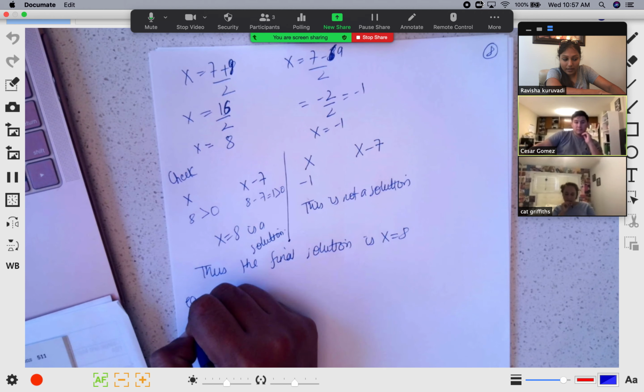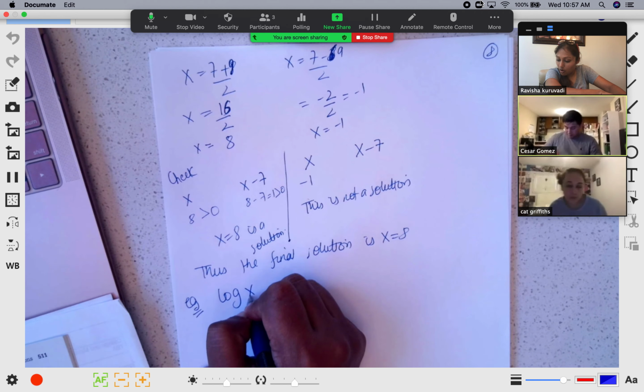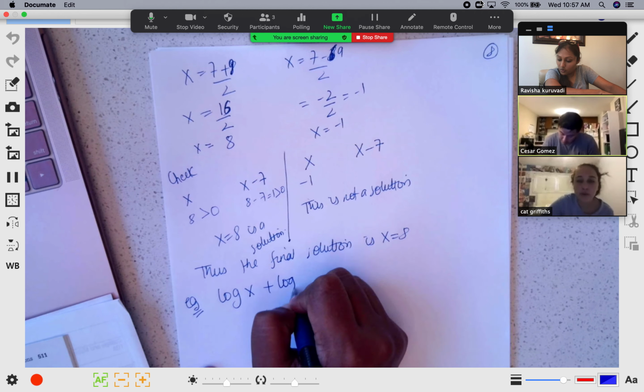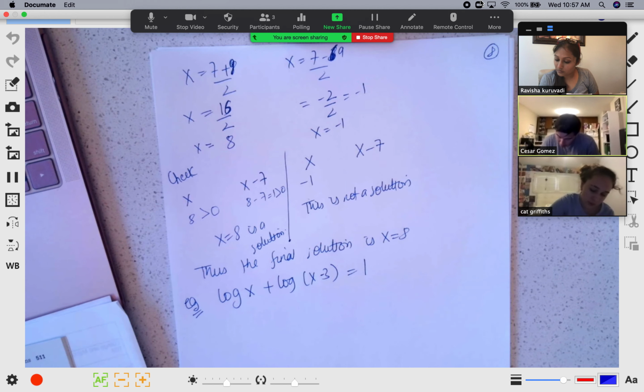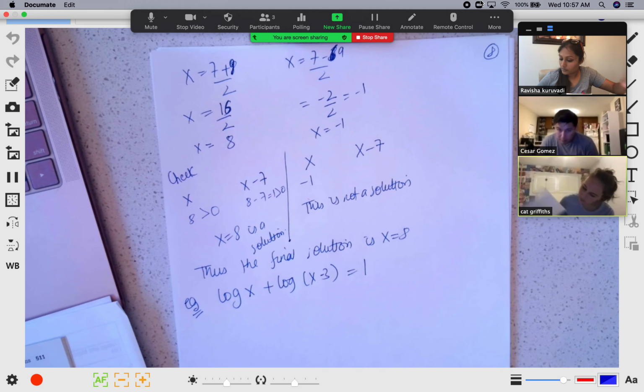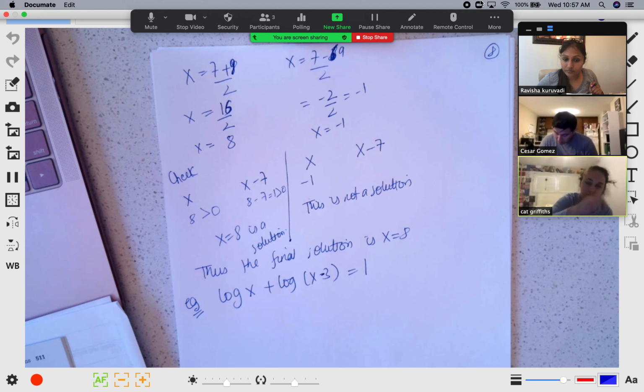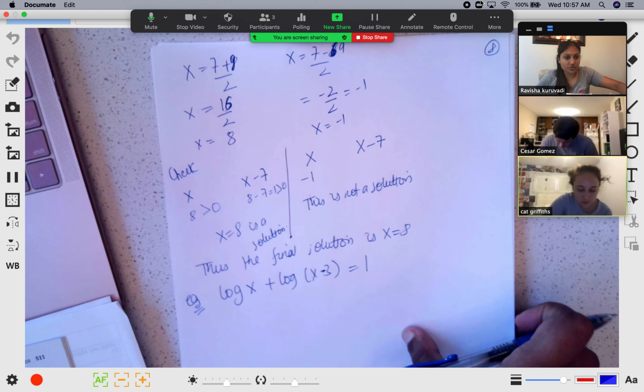You have log x plus log of x minus 3 is equal to 1.